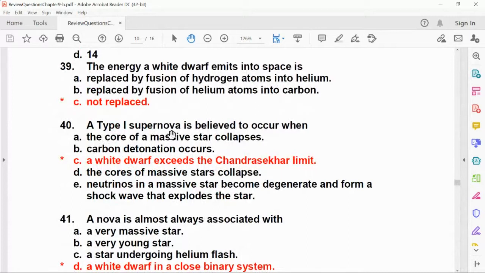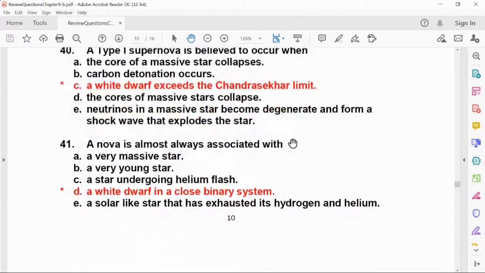40, a type 1 supernova is believed to occur when a white dwarf exceeds the Chandrasekhar limit, and this is also known as nova, but it's classified also as type 1 supernova when a white dwarf helps a big star in ending its life.